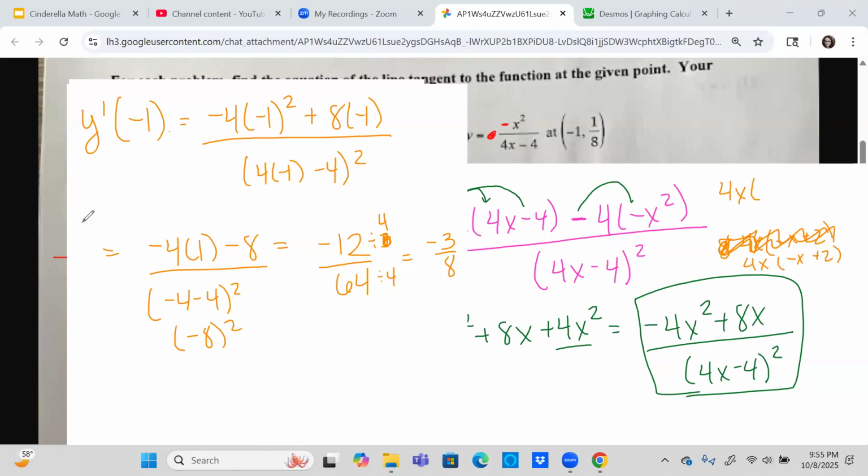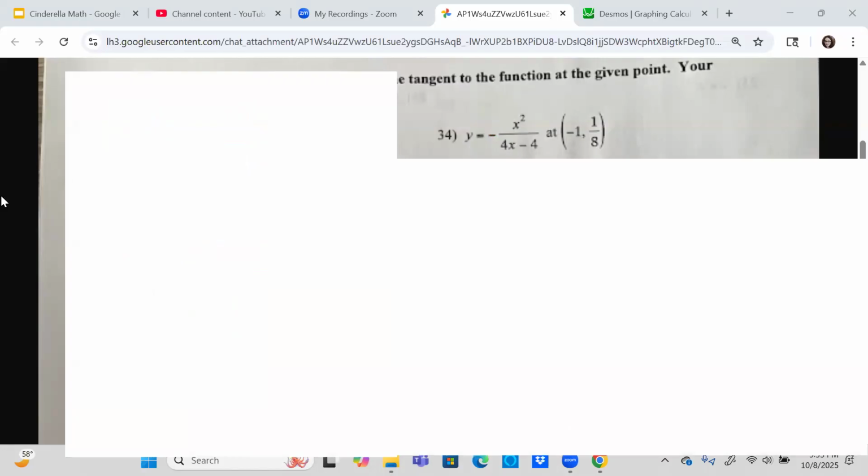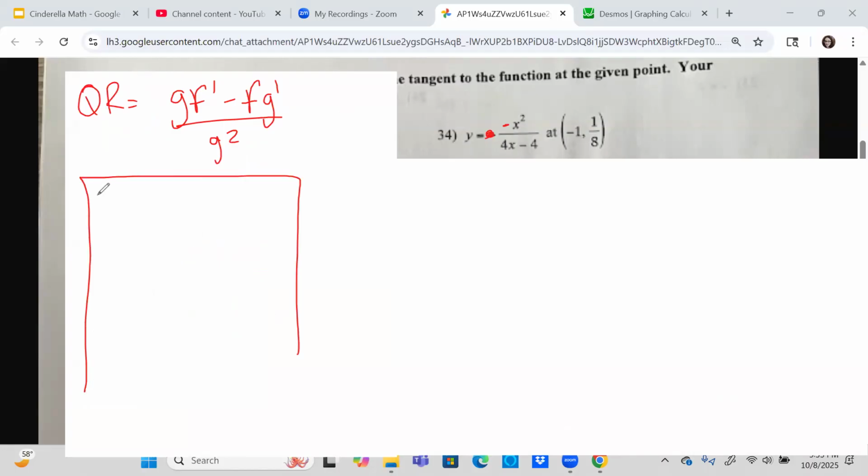It's been a nightmare, hasn't it? One more time. Sorry. Put that negative to the top. It's fine. Okay. Quotient rule. g f prime minus f g prime over g squared. Side work. f is the top. f prime would be negative 2x. g is the bottom. g prime would be 4. Okay, g f prime.